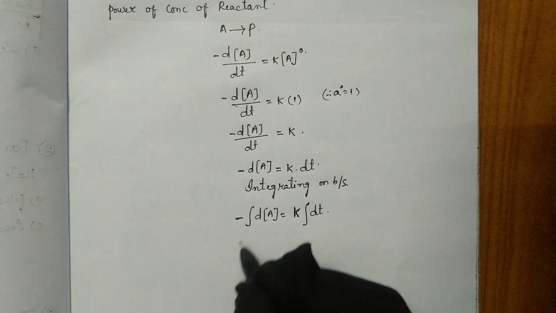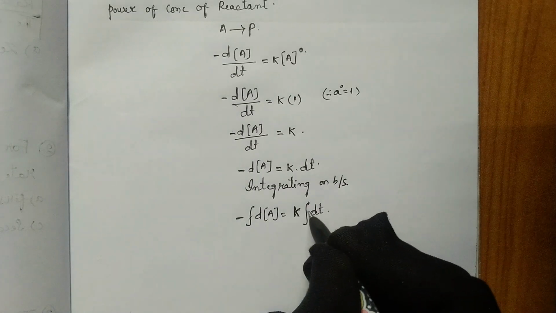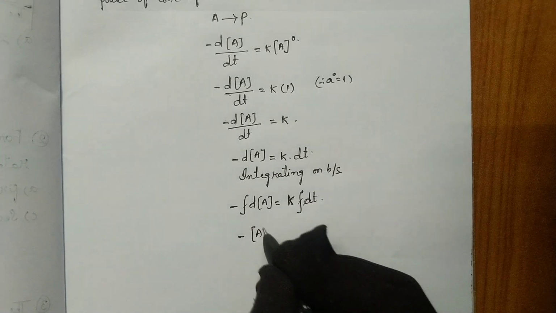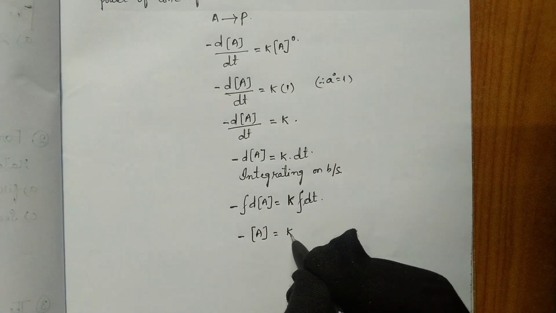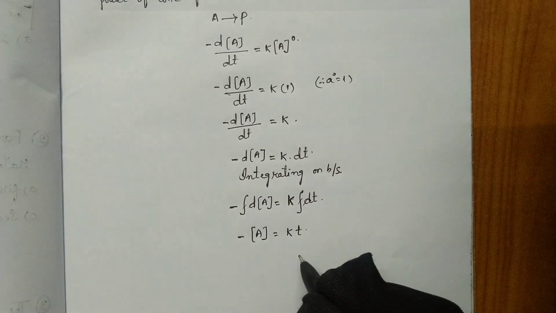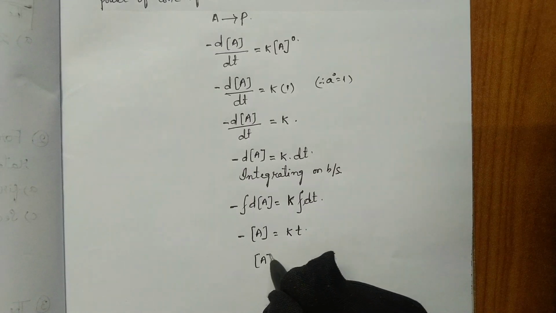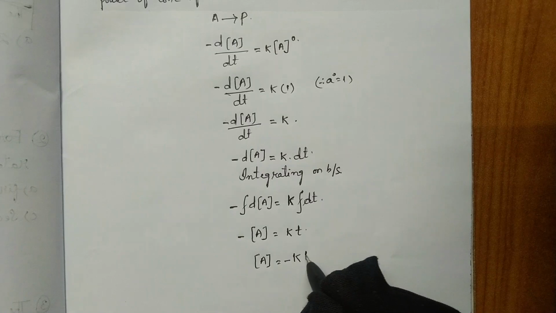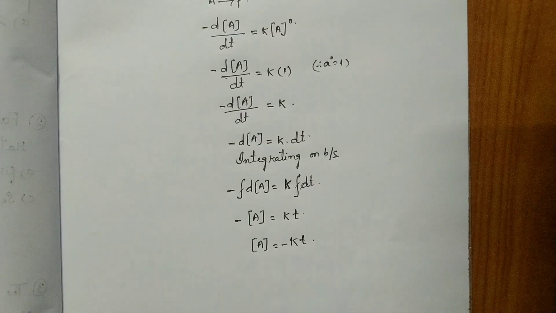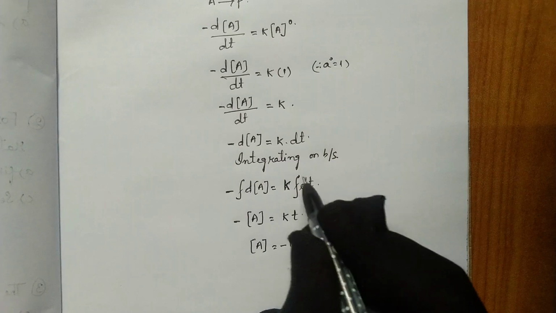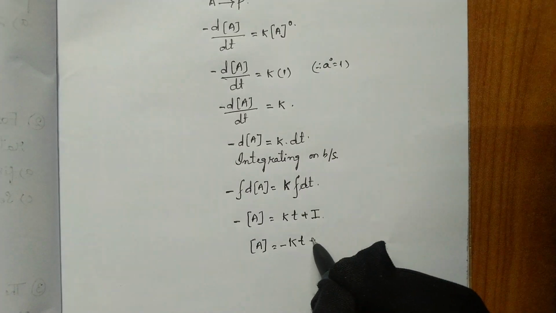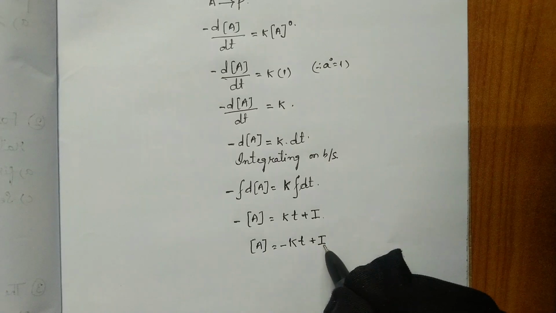The d and the integration will get cancelled, then we get minus [A] is equal to kt. If we multiply with minus on both sides, then [A] is equal to minus kt. One important thing: if we do integration, then we have to write an integration constant. So the integration constant is I.